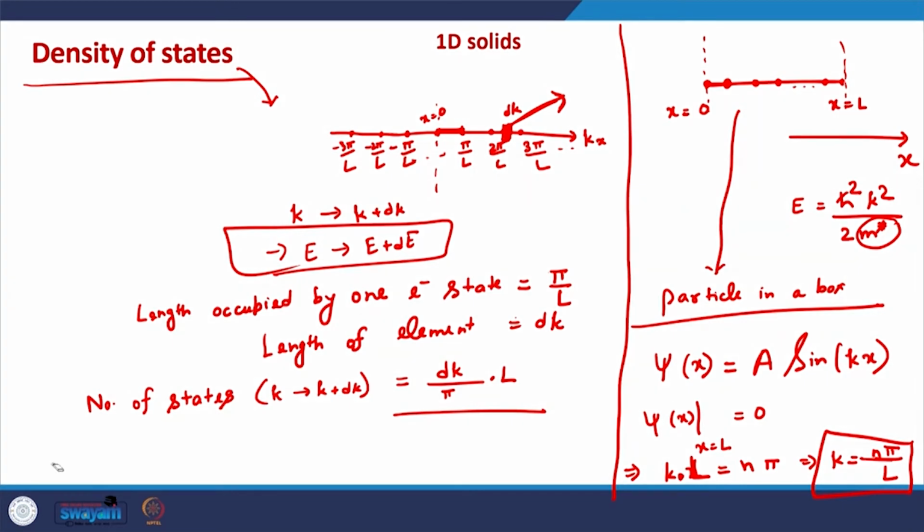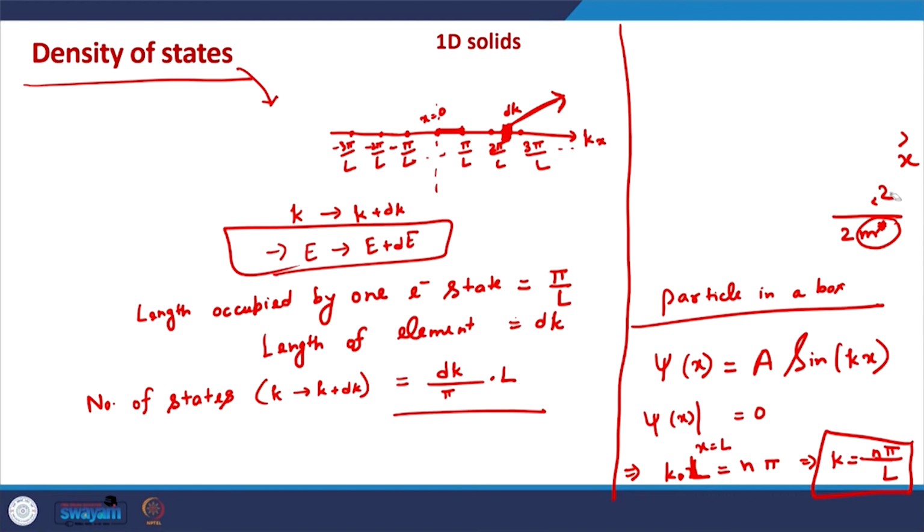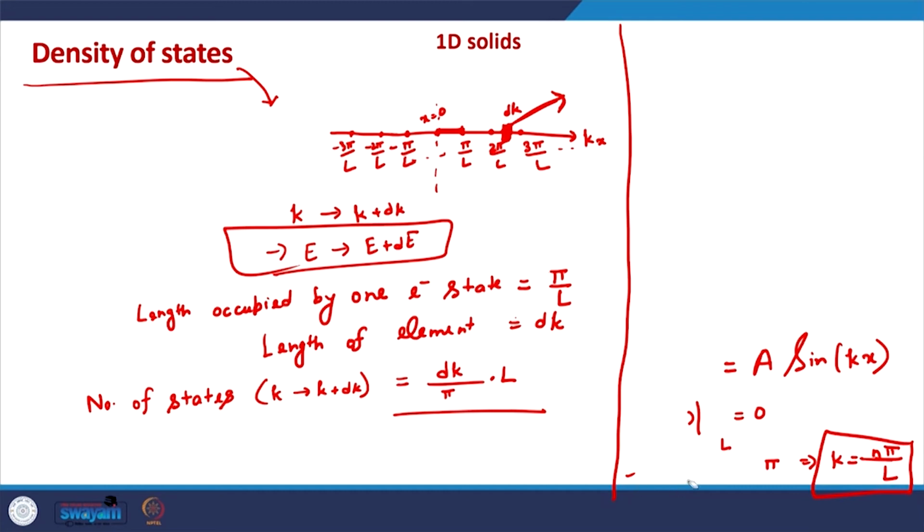So, with this now we can see that the number of states in the energy range from E to E plus dE is essentially the number of electronic states in the k range from k to k plus dk.